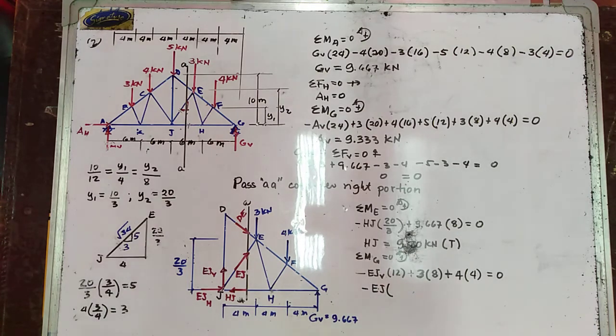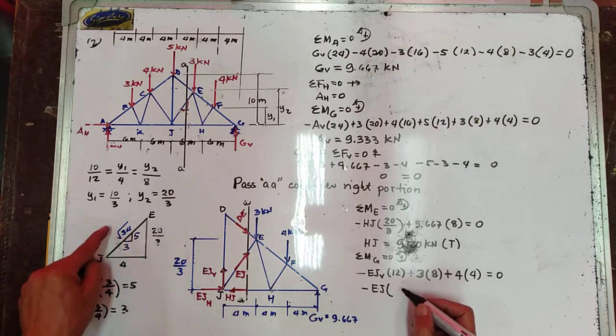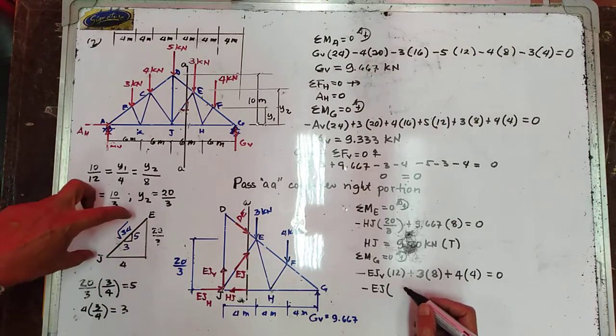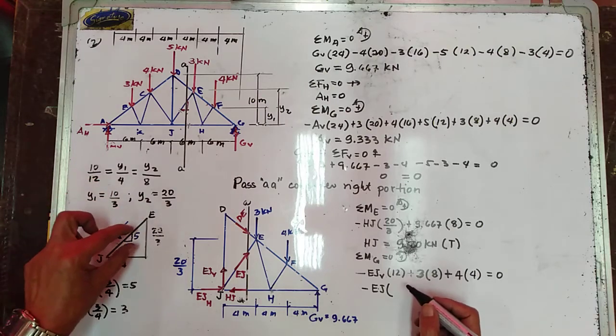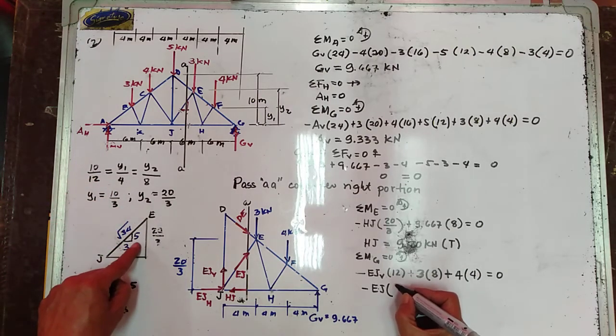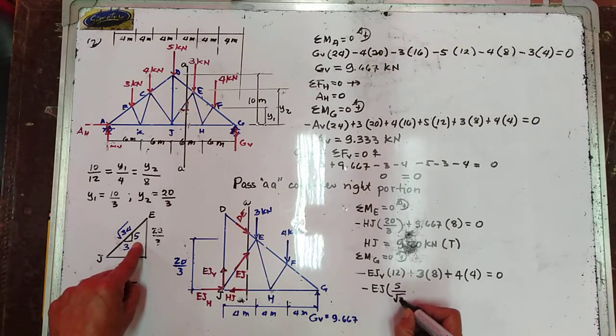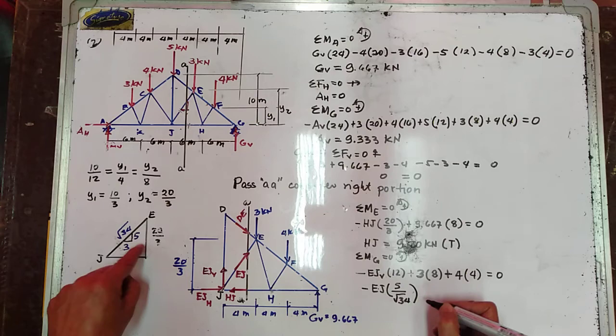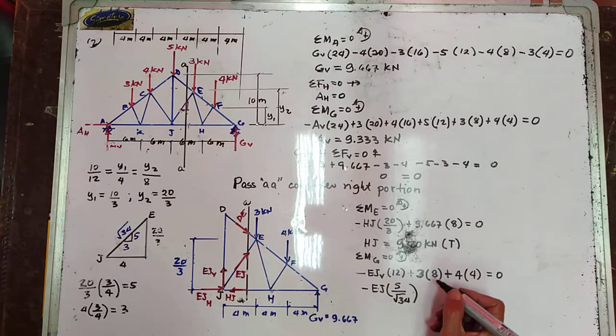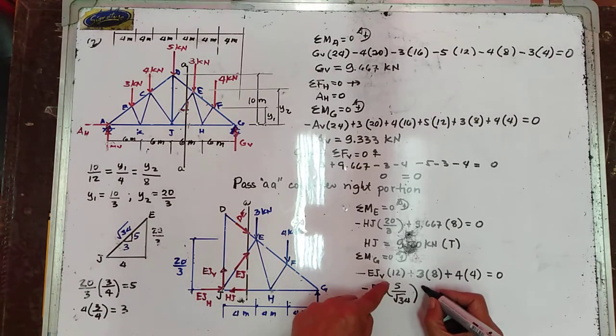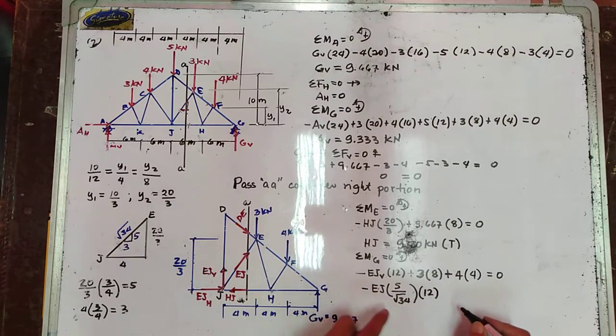Now, the vertical component of EJ is EJ times 5 over the square root of 34. This is the slope of EJ. So we have the vertical slope, so that is 5 over the square root of 34. Multiply this one by 12. So this is the vertical component.